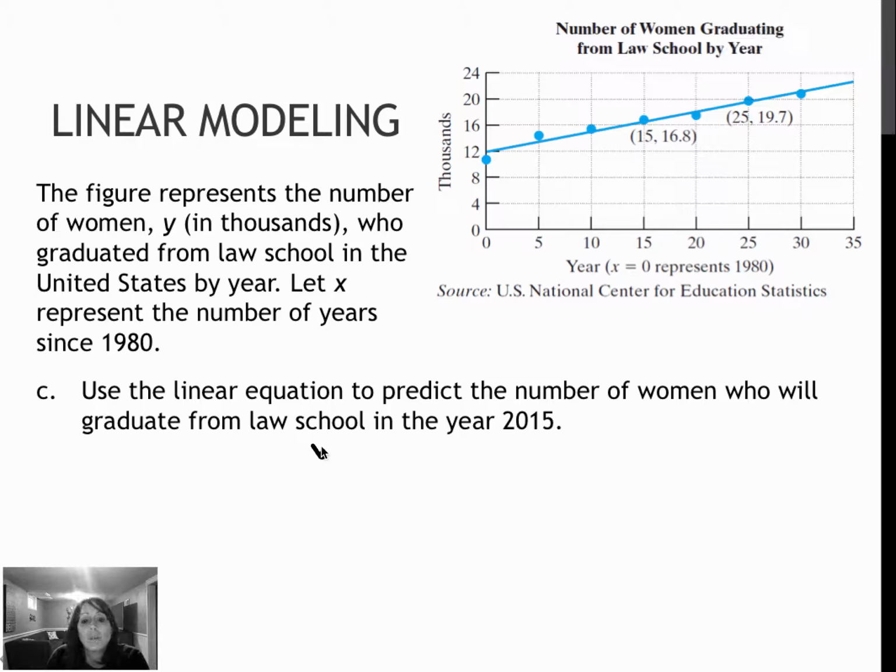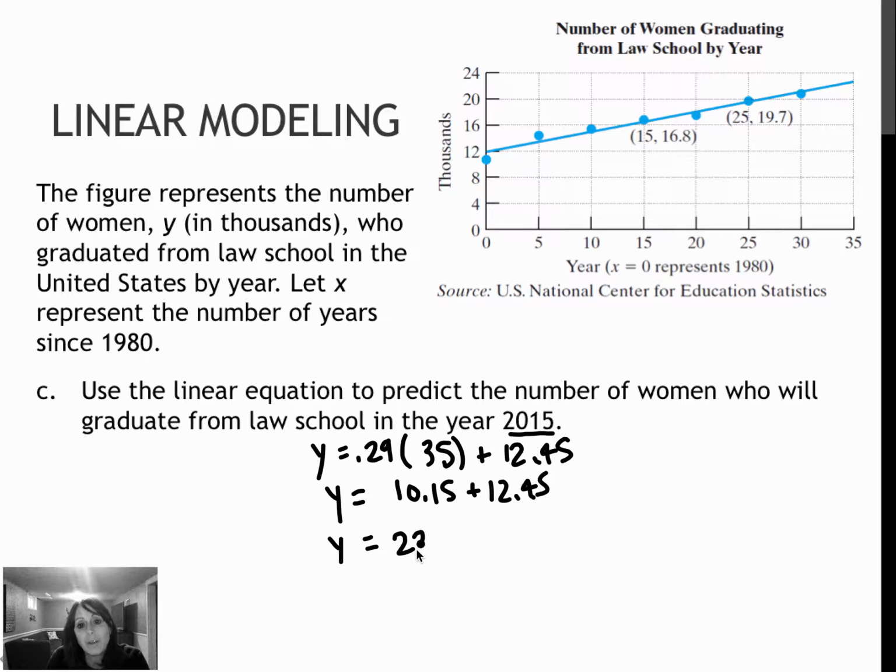Again, I'm going to use my equation, and instead of x, I'm going to put in the value that would mean 2015, which is 35 years past 1980. And then this was 12.45. When I multiply, I get 10.15 plus 12.45. When I add those together, I get 22.6.